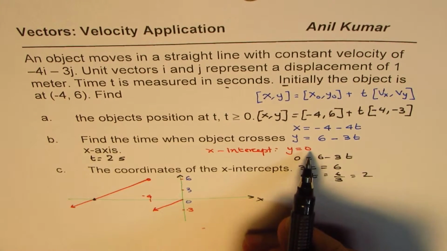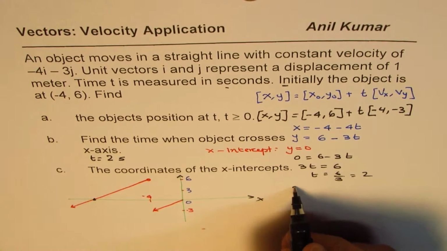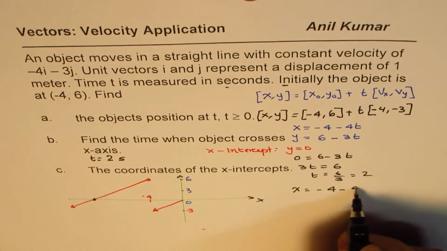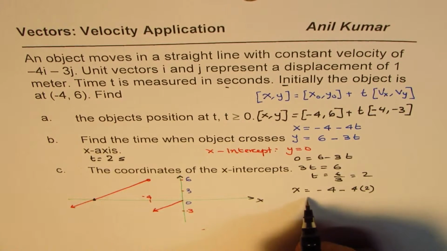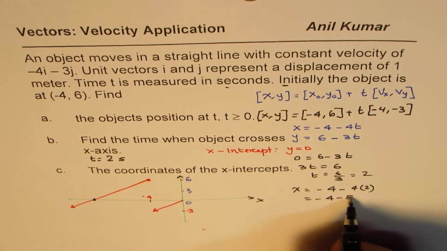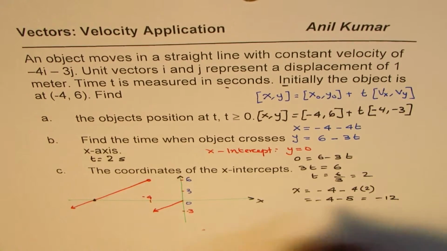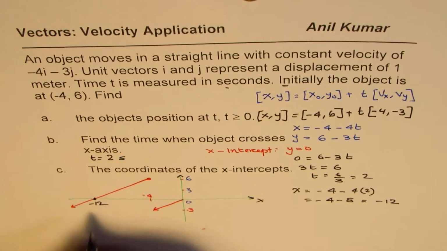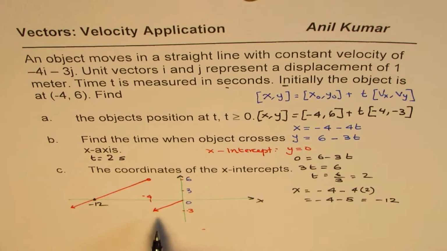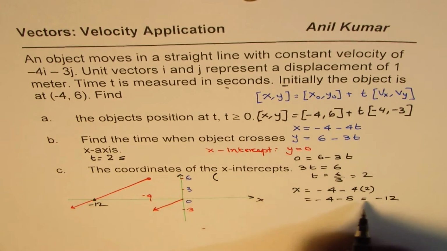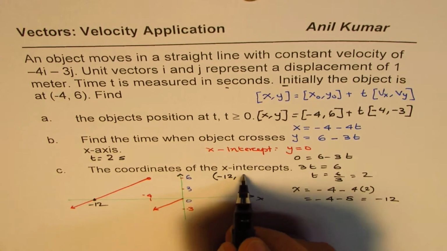So we know the y coordinate is 0. What is x? In x, we'll substitute t as 2. So we get minus 4 minus 4 times 2, which is minus 4 minus 8, or minus 12. So this point is at minus 12. That's what we mean. So the coordinates of the x-intercept are minus 12, 0.